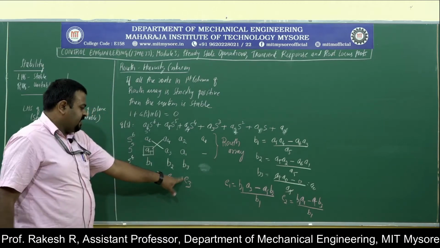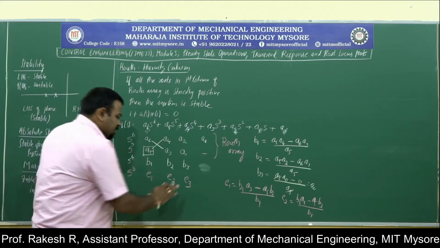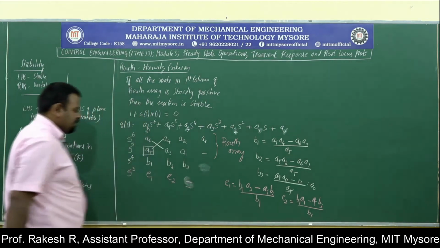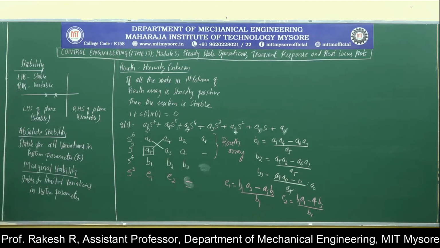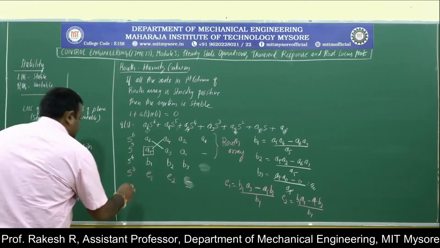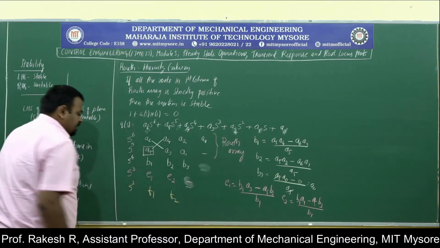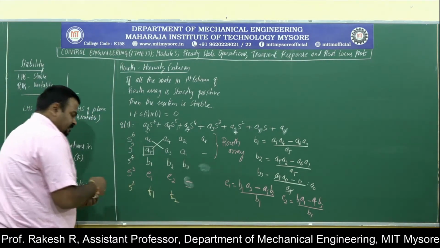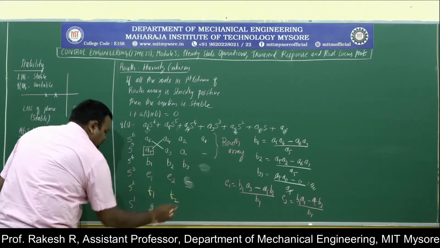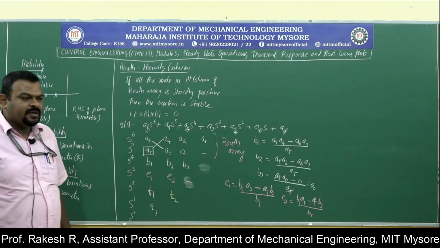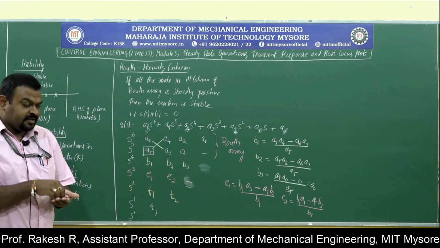If I take c3, b1 into 0, this into 0 divided by this term, it vanishes. Similarly I have to calculate the next row, s square, which I will call d1, d2, then s to the power of 1, e1, then s to the power of 0. Up to this I have to compute until I get the last term as a constant.